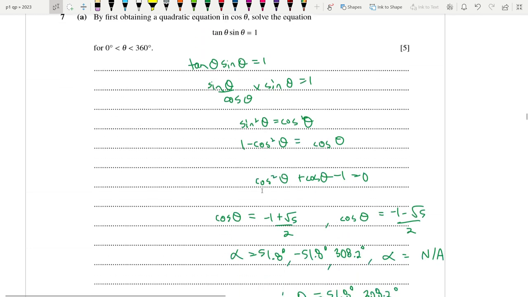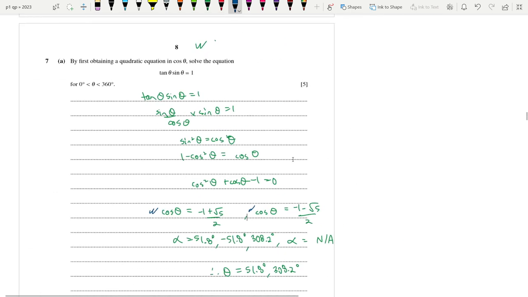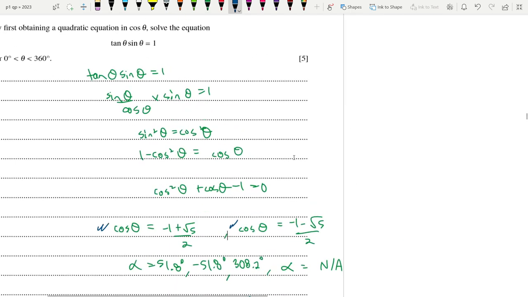Now after you solve this, you end up with two equations. One being cos theta equals minus 1 plus root 5 by 2, and also minus 1 minus root 5 by 2. You should at least show one step using the general formula. We know that cos theta is equal to minus b plus minus root of b squared minus 4ac, by 2a.